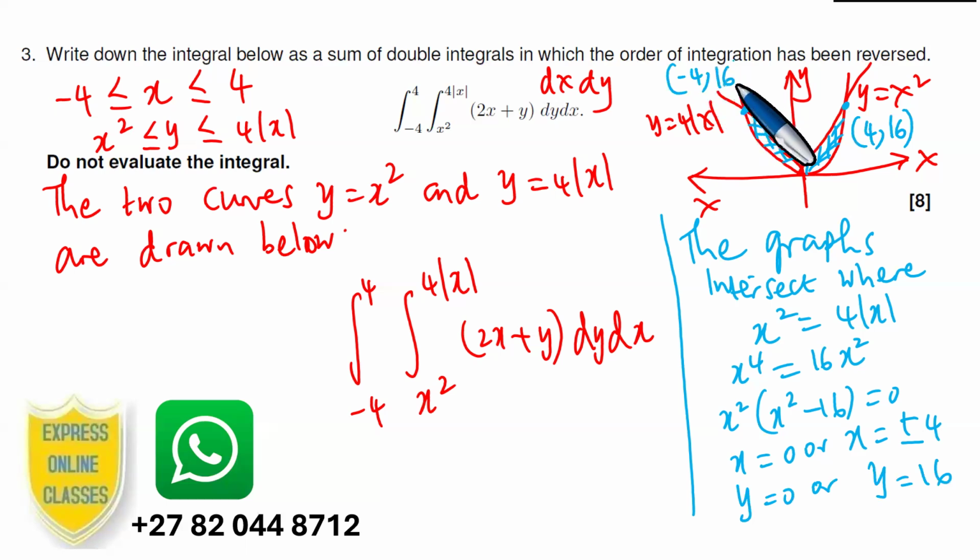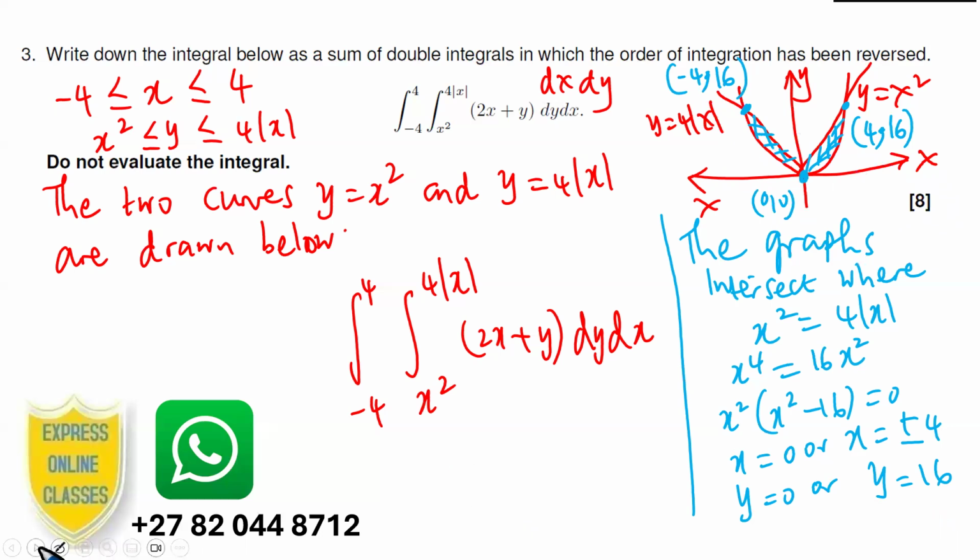Whenever x is -4, y is 16. This is the origin. Because y is x squared, or y is 4 times the modulus of x, this describes the points of intersection, -4 and 16, 4 and 16 as well. Now we're good.